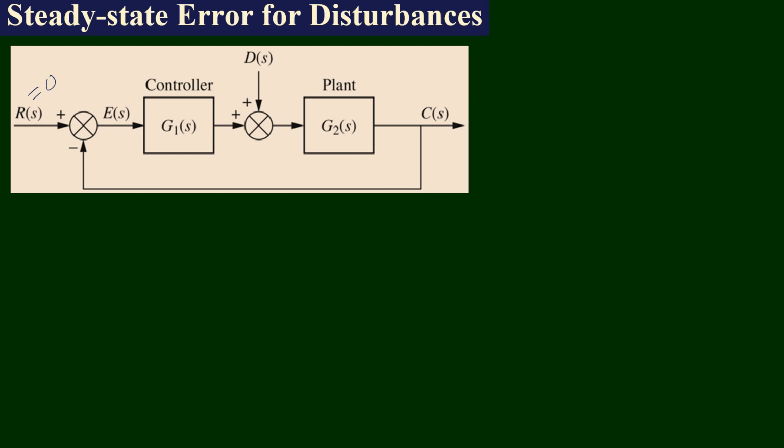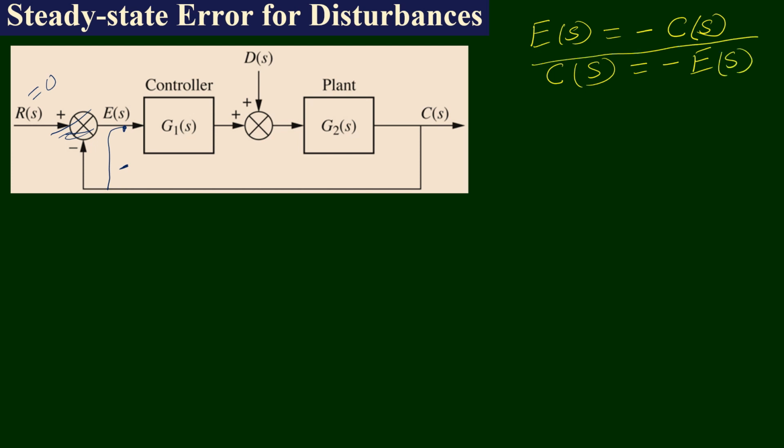When this is 0, this means no need for this whole block, and the block will become somehow like this, and here it is minus, and it shows us that E of S is equal to minus C of S. And we can say that C of S is equal to minus E of S. This we will need to further see what is happening.